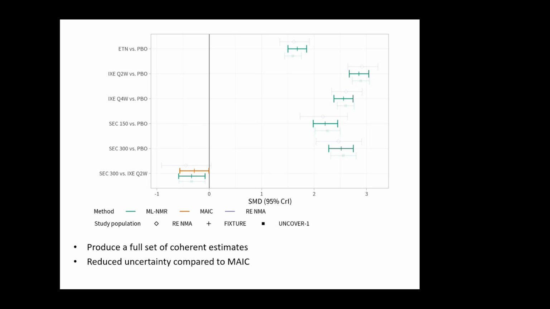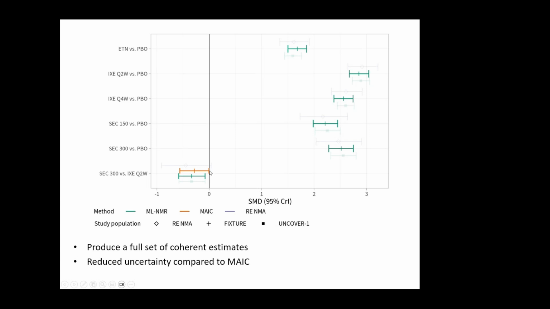Using ML-NMR, on the other hand, we can get estimates for any of the treatment comparisons in the network. So here I've got all of the main treatment effects versus placebo, but you can create any of the pairwise estimates between any pair of treatments in the network. And you can see here that we've reasonably reduced our uncertainty compared to the MAIC.